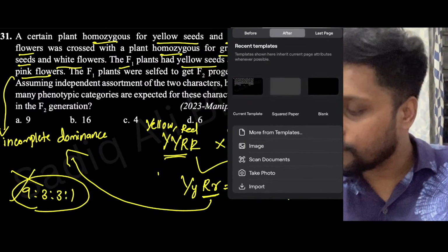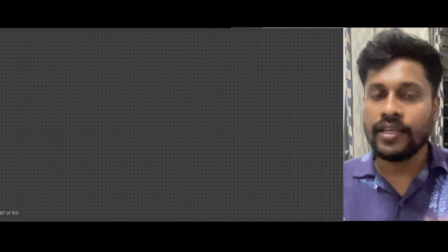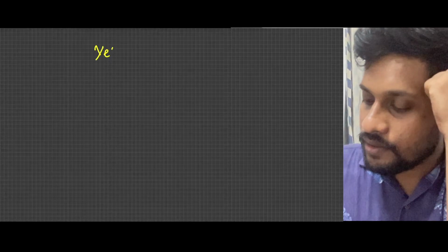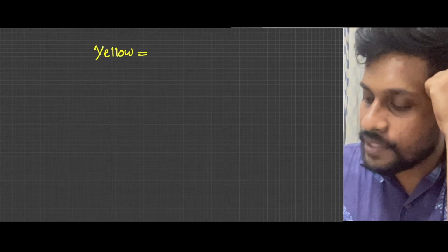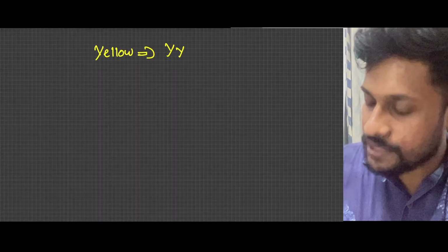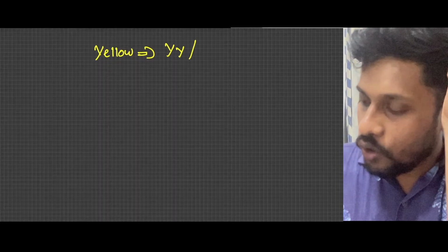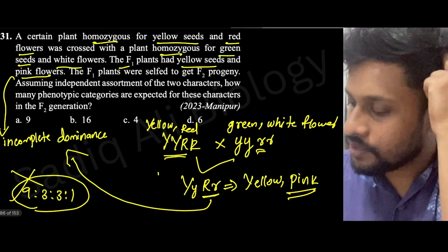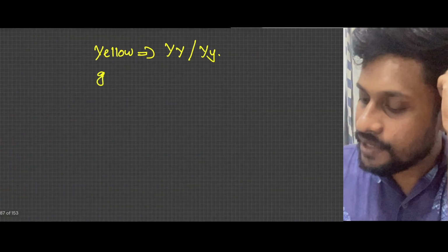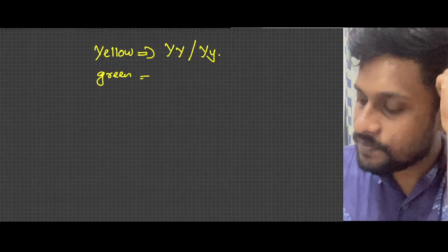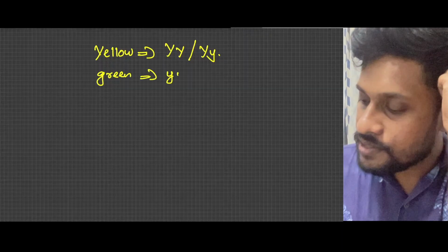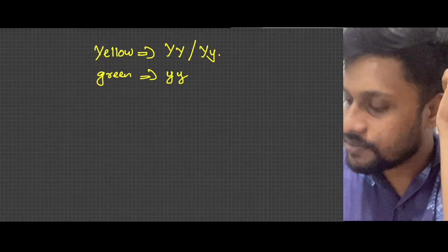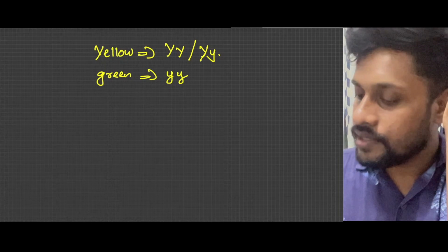Now, yellow can be represented by capital Y, capital Y, or capital Y, small y. Correct? Green can be represented by small y, small y. This is one gene.